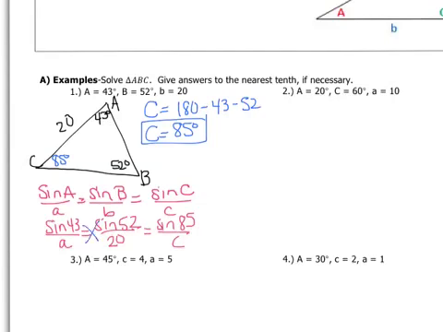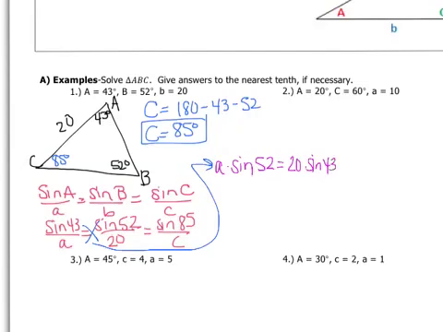I'm running out of room. I'm going to jump up here a little bit. So when we cross multiply, I'll have A times the sine of 52 degrees equals 20 times the sine of 43 degrees.